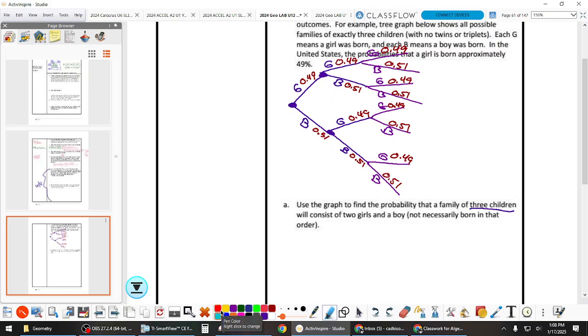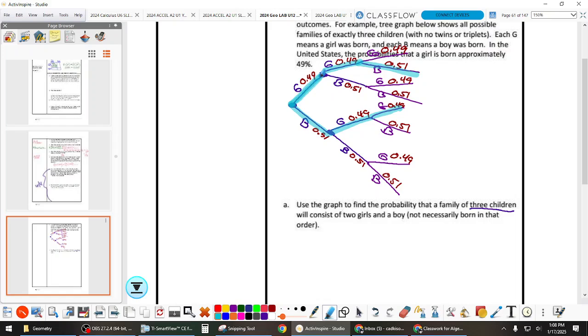Okay, so he said this. Like that, and then down the boy path. Right? So that would be girl, girl, boy. Is that the only one? No. Also do boy, girl, girl. Okay, so boy, girl, girl. There should be another one. You could do girl, boy, girl.